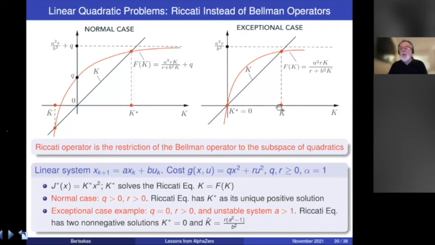However, the Riccati equation has two non-negative solutions, and there's another solution here which has an interesting interpretation. This is an example where you don't have uniqueness. In fact, if you try value iteration for this exceptional case, you'll find that value iteration converges to the non-optimal solution rather than K star. This is just an example of exceptional behavior, and there are many of those in other contexts that are more complicated than linear quadratic.